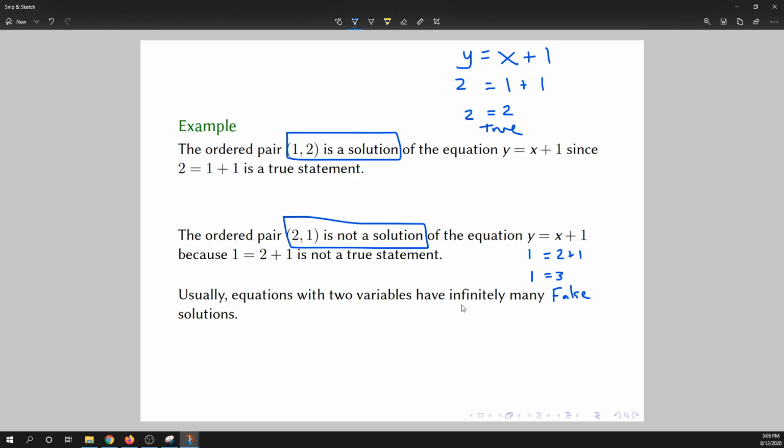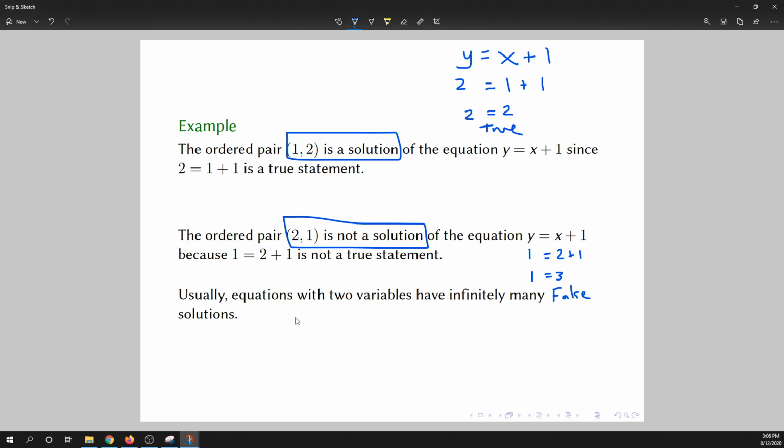Another big difference between equations with two variables and equations with one variable is that a lot of the time, equations with two variables have infinitely many solutions. That makes it really hard to find every possible solution or to list them out. In fact, that can't be done, but that's a topic for another day.